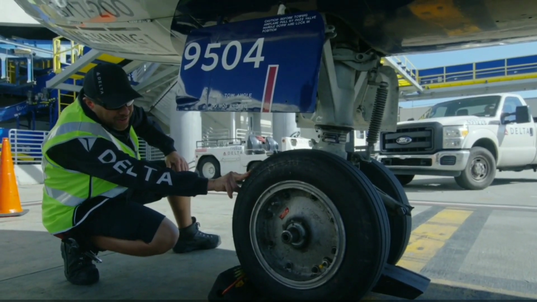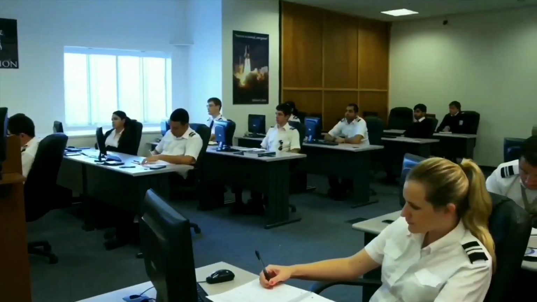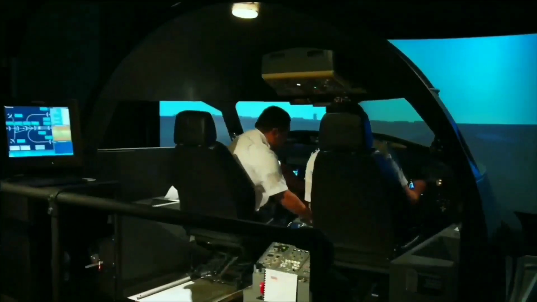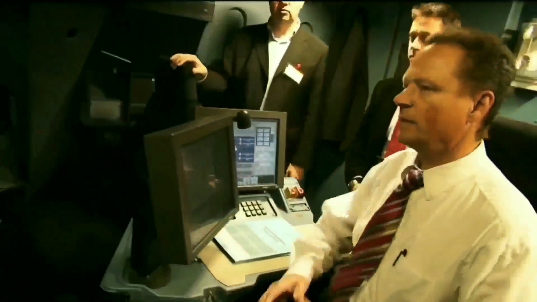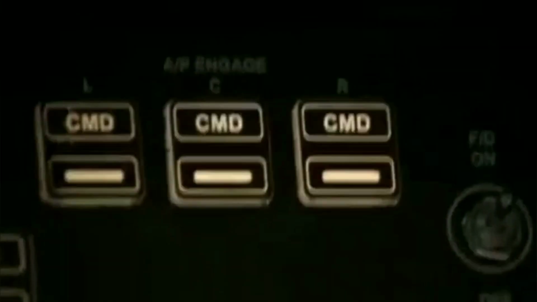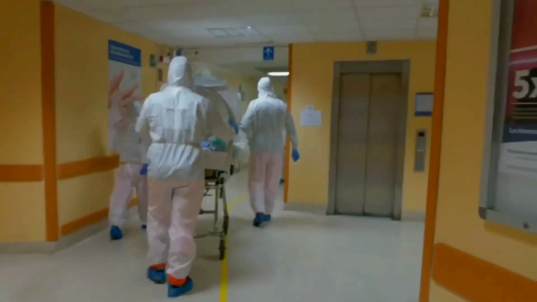In order to prevent such crashes, Boeing provided strict instructions for aircraft maintenance. Boeing also increased the training of pilots for the pitot tube blockage problem, and Boeing made changes to its autopilot system. At present, the world is fighting against COVID-19.